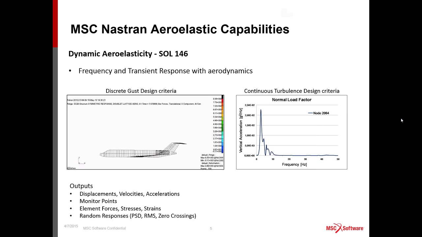For example, we normally use this kind of simulation if we want to certify an aircraft for the discrete gust design criteria, and we have to perform a solution 146 in the time domain, and here we can have as a result displacement, velocity and acceleration time histories, as well as monitor points. Or if we are interested in the stress analysis, we can even punch out element forces, stress and strain.